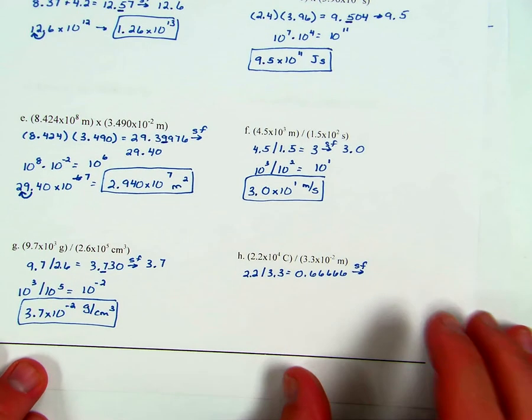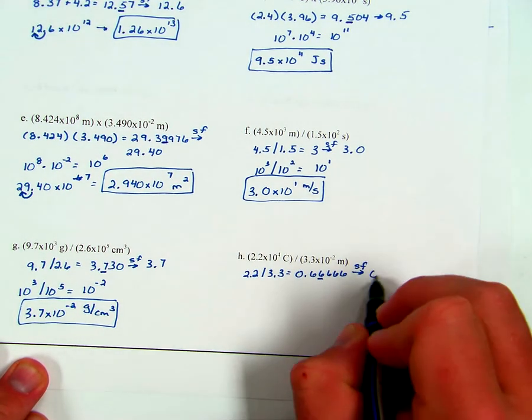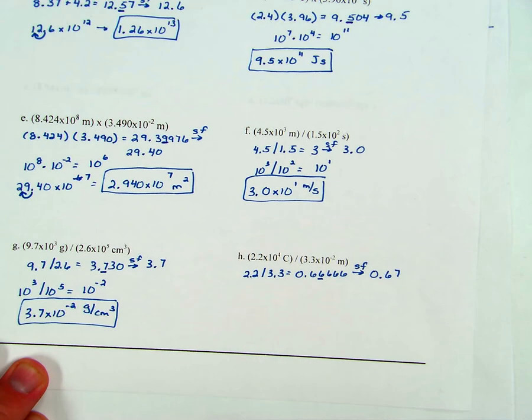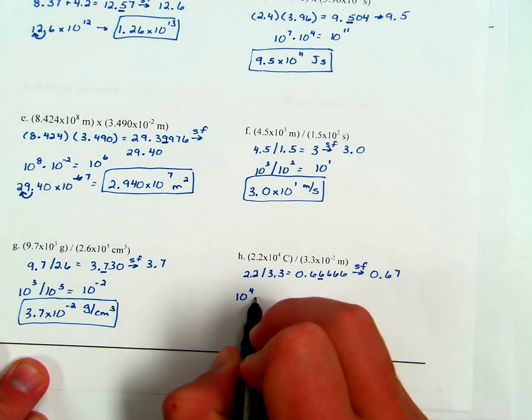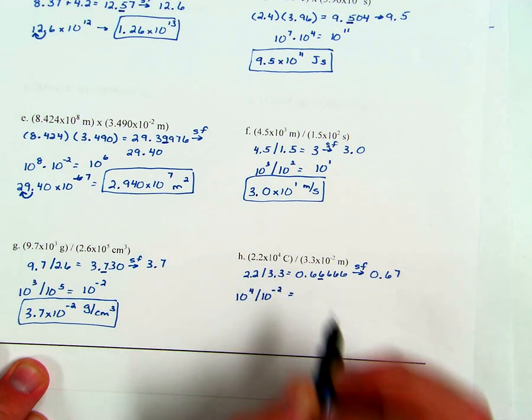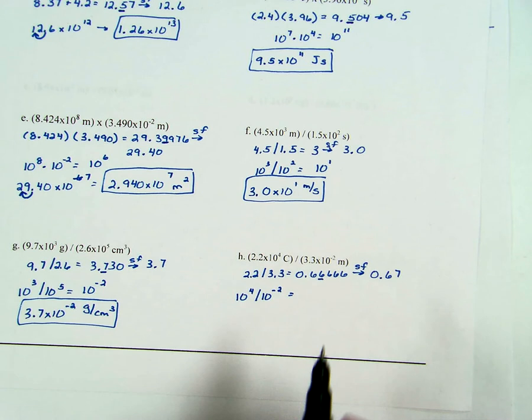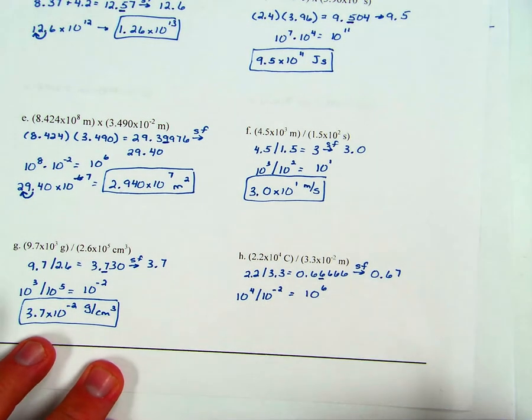Now I need to subtract my exponents. I have 10 to the fourth divided by 10 to the negative second. Don't forget, subtracting a negative value would be like adding. So 4 minus a negative 2, that would be like 4 plus 2. That would be 10 to the sixth. So I have 0.67 times 10 to the sixth. Notice, however, I need to move my decimal over one place to the right.